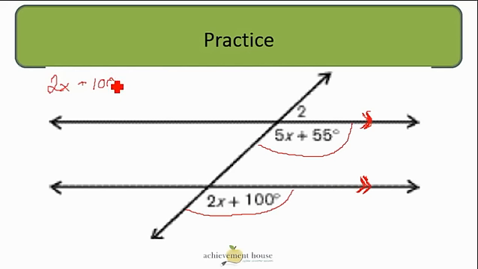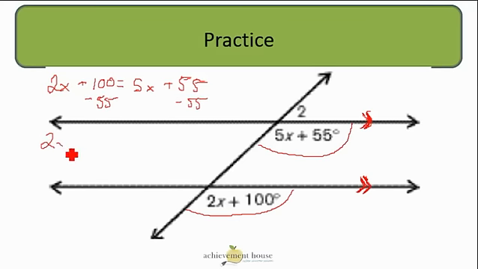So 2x plus 100 equals 5x plus 55. And if we were trying to prove that the lines were parallel, we would do the same thing, because the lines wouldn't be parallel unless those two angles were congruent. So their measures must be the same. So now if I solve for x, I'm going to subtract 55 from both sides.